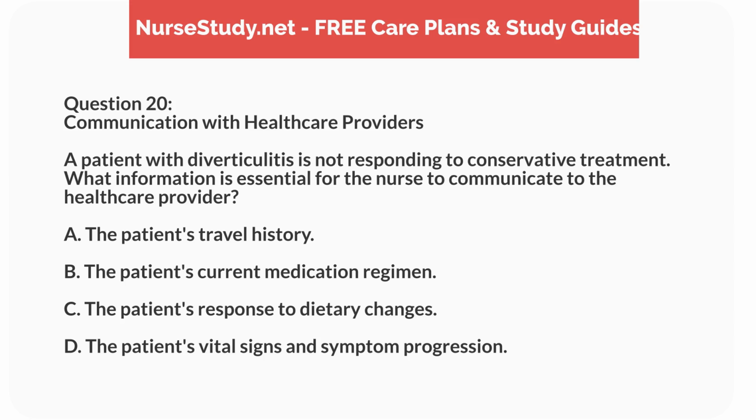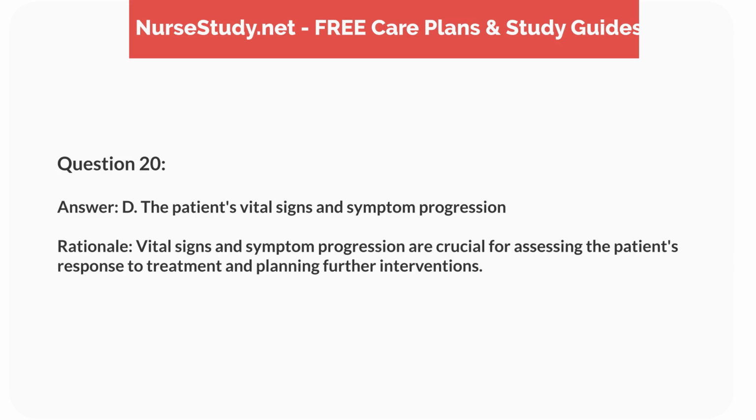C. The patient's response to dietary changes. D. The patient's vital signs and symptom progression. Answer: D. The patient's vital signs and symptom progression. Rationale: vital signs and symptom progression are crucial for assessing the patient's response to treatment and planning further interventions.